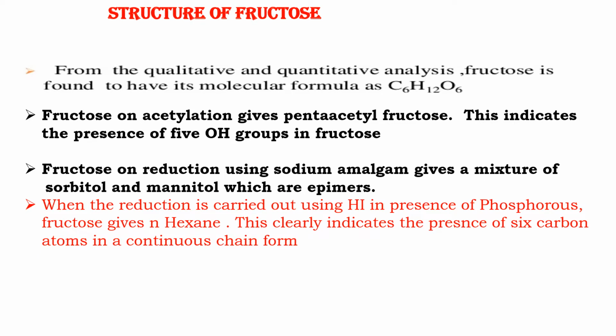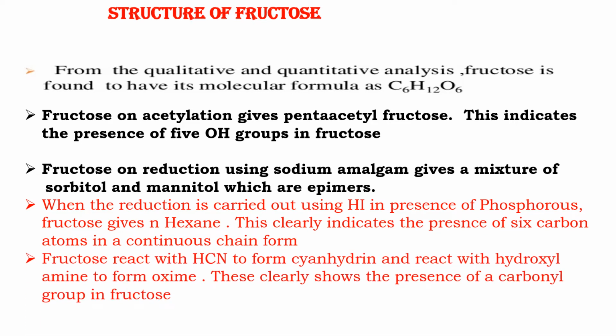Now see here, fructose on reduction with sodium amalgam gives a mixture of mannitol and sorbitol. We have seen this reaction. Fructose gives a mixture of sorbitol and mannitol. Now this clearly indicates that fructose contains 6 carbon atoms connected in a particular chain as in glucose.